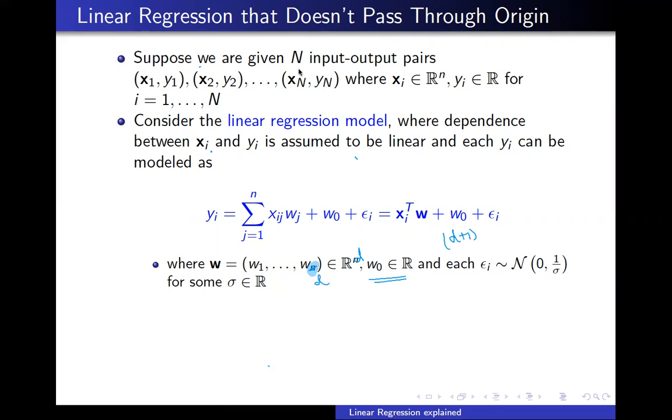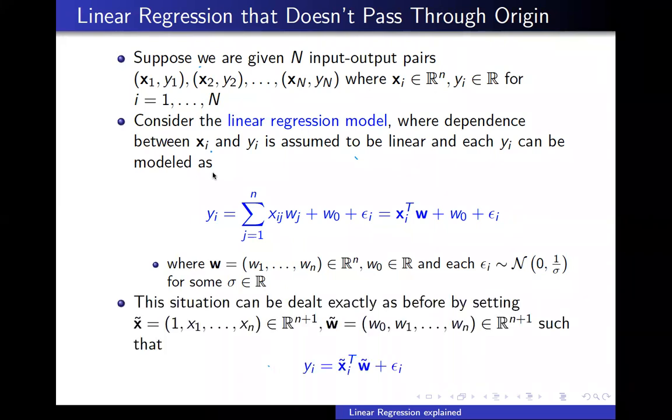But we can actually use a simple trick to use the same solution that we have obtained before. The trick is as follows: we pad the data point with an extra 1, and then pad the W vector, W tilde, by adding this additional bias term at the beginning.